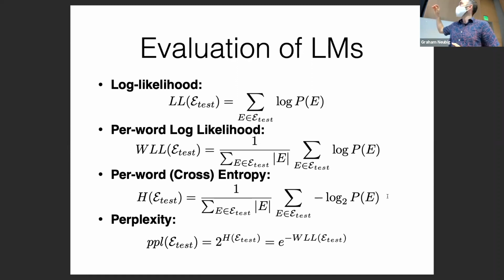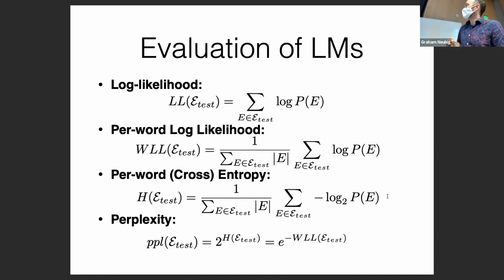And perplexity tends to be in the range of, for language modeling, something like 10 to 50 or something like this. The interpretation of perplexity is, if you took the language model and, according to its probability, you randomly guessed the next word, perplexity is approximately how many times you would have to guess before you got the correct word.